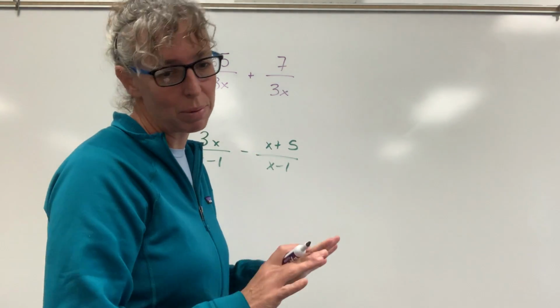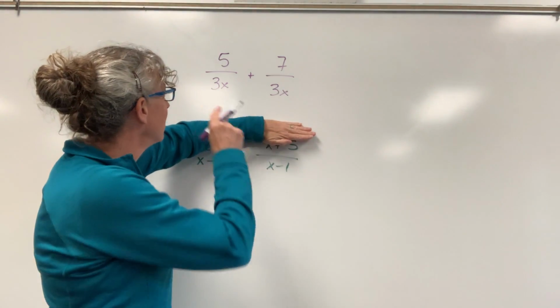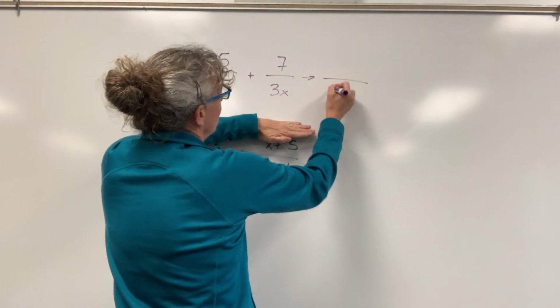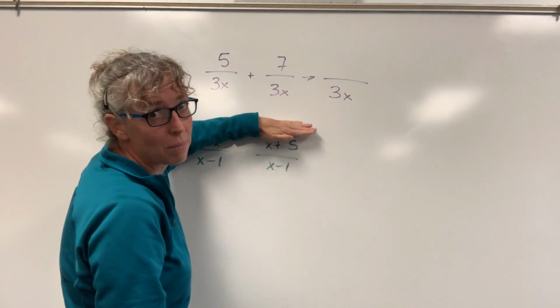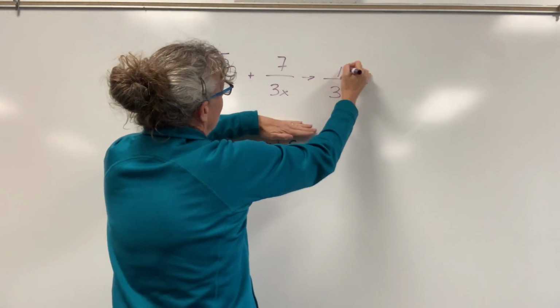So example 1 on page 812, luckily, they're starting you out easy. You do have a common denominator. So remember, when we're adding fractions, we keep it over our common denominator, and then we add the top. 5 plus 7 is 12.